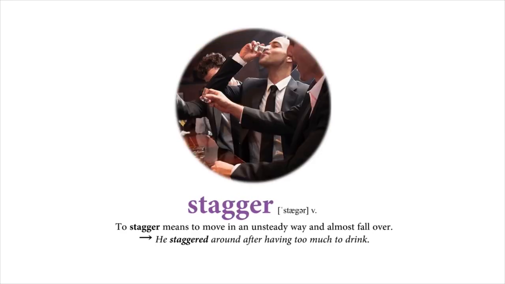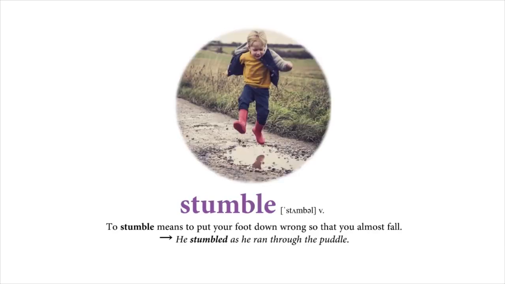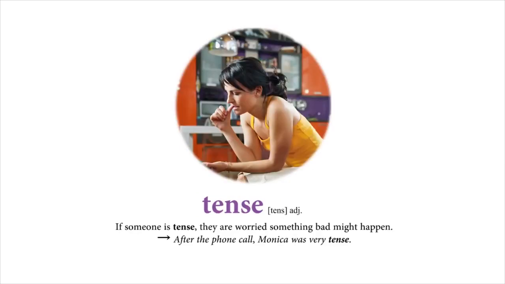Stagger. To stagger means to move in an unsteady way and almost fall over. He staggered around after having too much to drink. Stumble. To stumble means to put your foot down wrong so that you almost fall. He stumbled as he ran through the puddle. Tense. If someone is tense, they are worried something bad might happen.